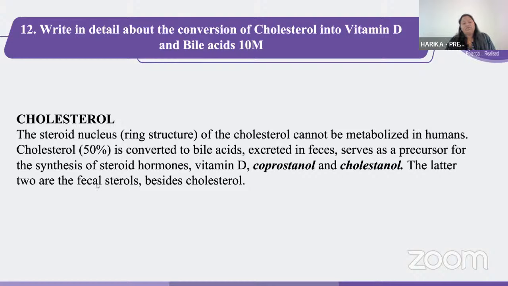So what happens is that about 50% of cholesterol is converted into bile acids and excreted in feces, or it is converted into steroid hormones, vitamin D, coprostanol or cholestanol, and then excreted.